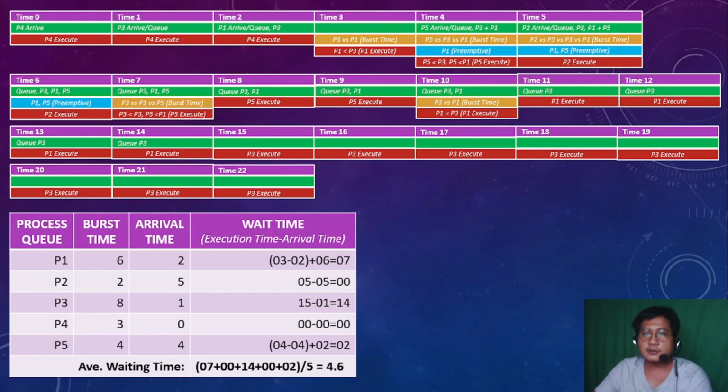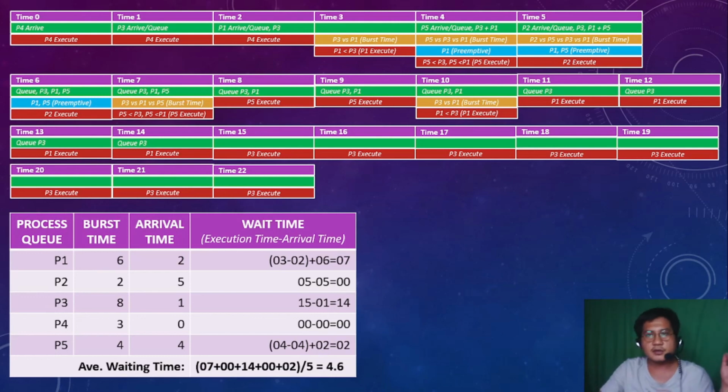But the preemptive one will not wait for the process that is currently being executed in the central processing unit, but it will halt that process, then make a new comparison between the processes that are in queue and the new arrival process, the new process that arrives in the queue.